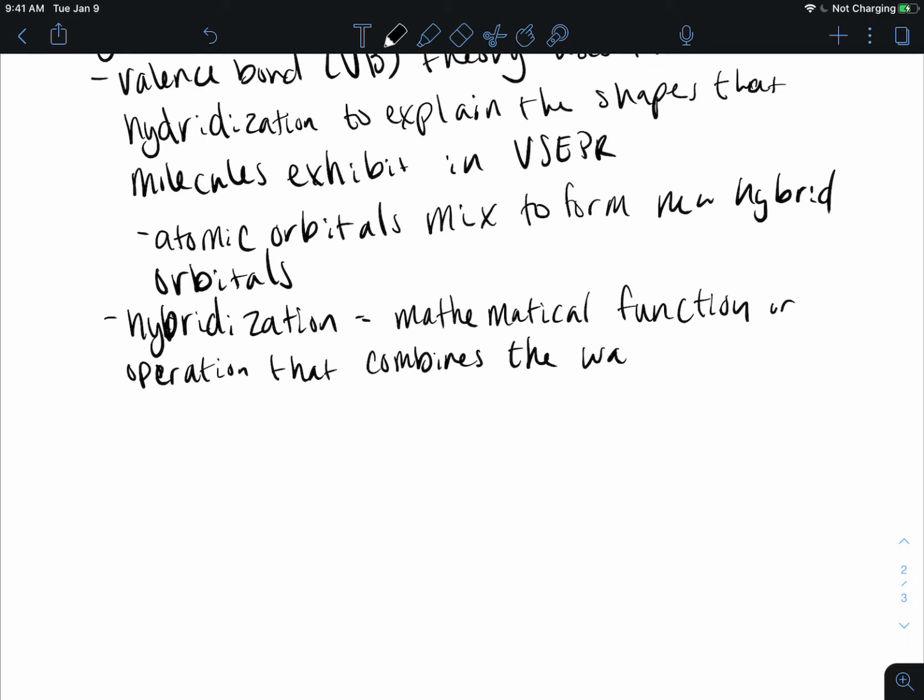So remember our wave functions from when we talked about Schrodinger and quantum mechanics.